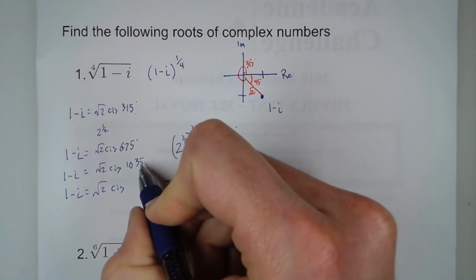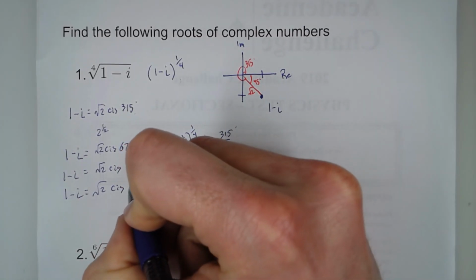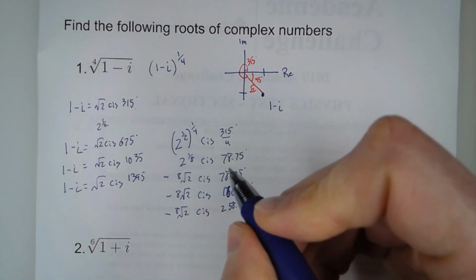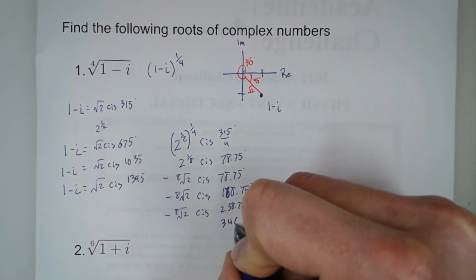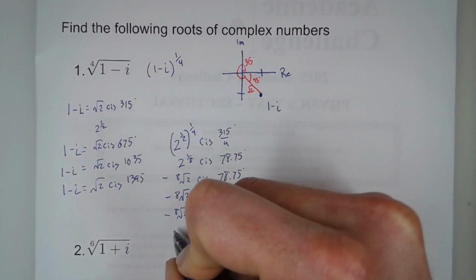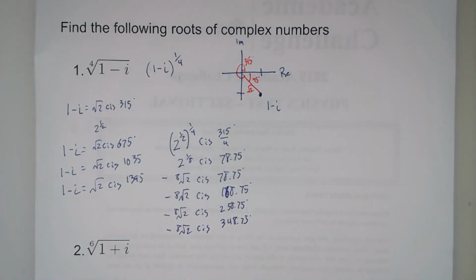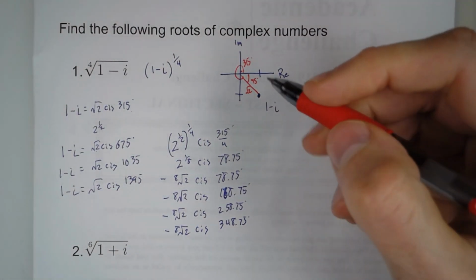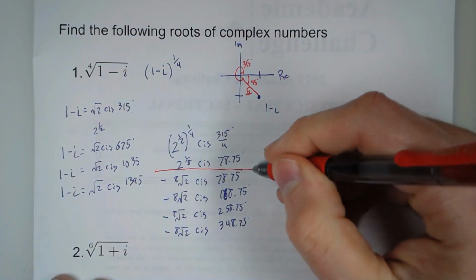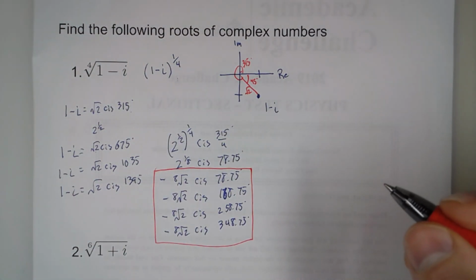If I take 1035 and add 360, I get 1395, and I divide that by 4, I get 348.75. All right, so these are the 4 fourth roots of 1 minus i.